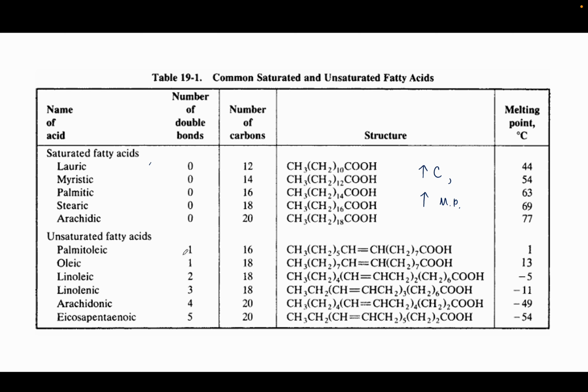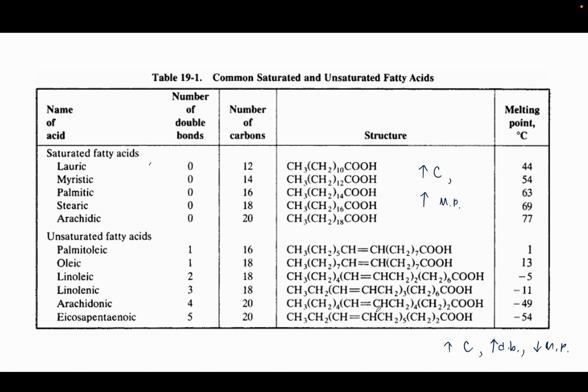Meanwhile, for unsaturated fatty acids, it is otherwise. If we have a greater number of carbons and also a greater number of double bonds, the melting point goes lower.